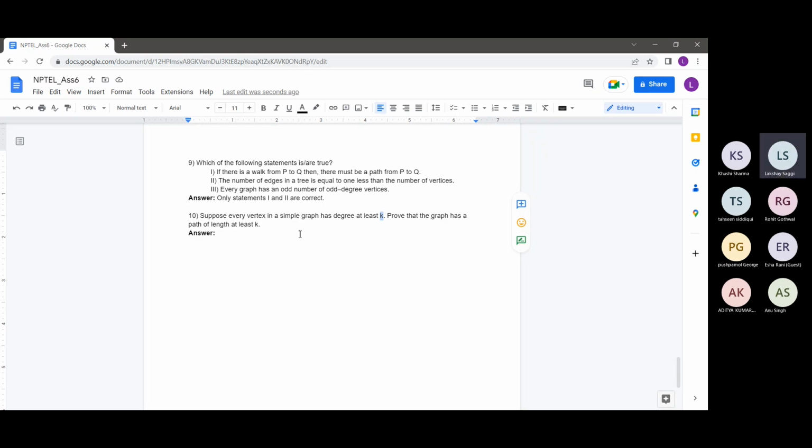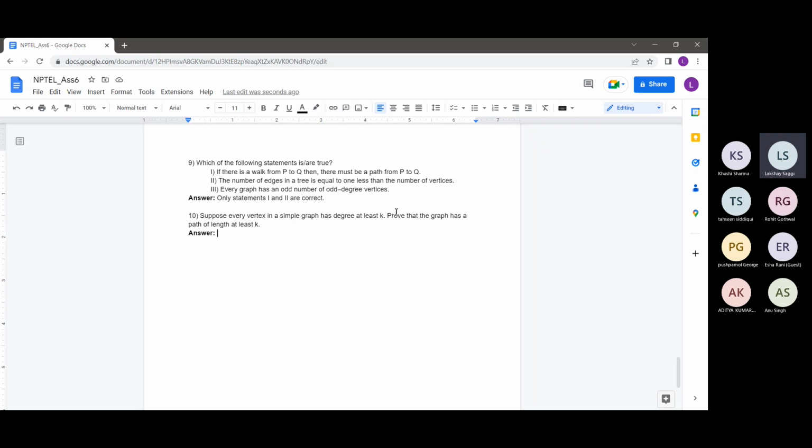We already remember the definition of a path: a path is a sequence of vertices which are connected by edges, and all the vertices should be distinct. A graph can have a large number of paths, right? An exponential number of paths.